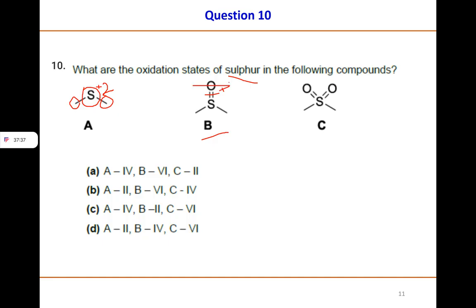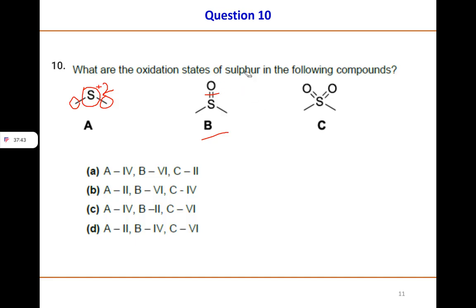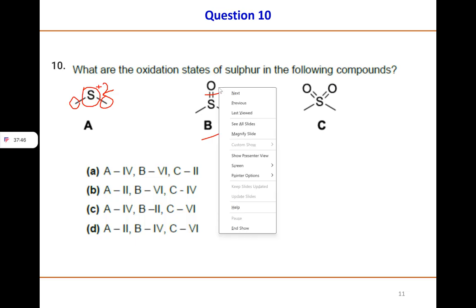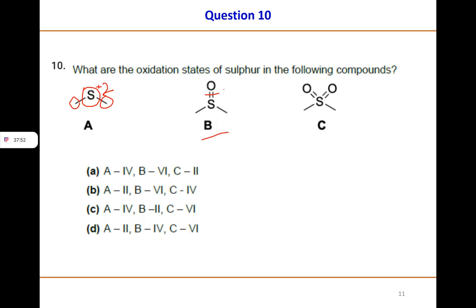So 2 because of oxygen and 2 because of these two methyl groups, right? So 2 plus 2, 4, correct? 4.